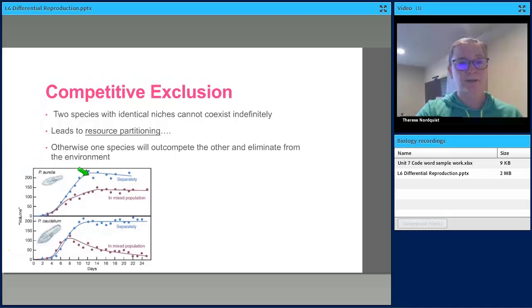They can grow separately very well and reach a carrying capacity, so the blue line shows them growing separately. And then the purple line shows them growing together. You can see that P. aurelius reaches its carrying capacity. It's a little lower than when it grows separately, but it reaches there and stays pretty stable. Whereas P. caudatum, we'll call it PC, its population starts to decrease through time and eventually will get eliminated because it can't compete. It can't get the food sources as well as the other similar species.